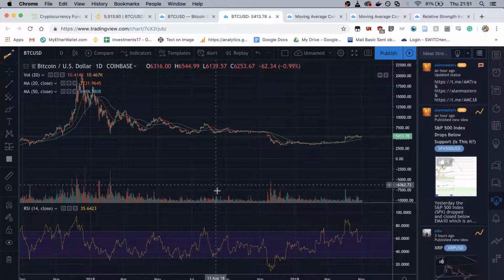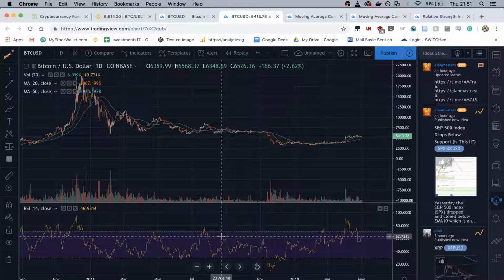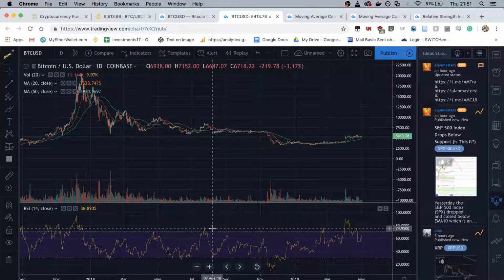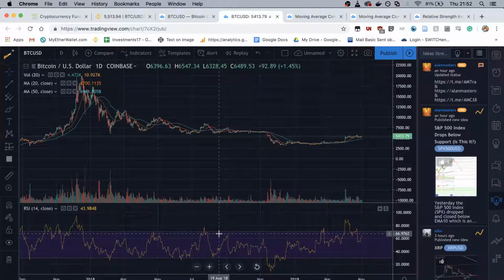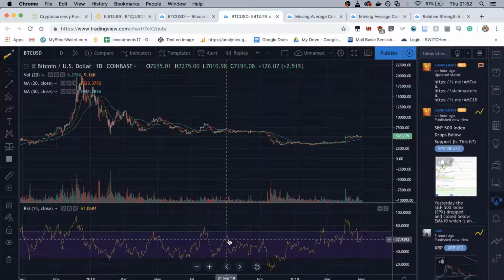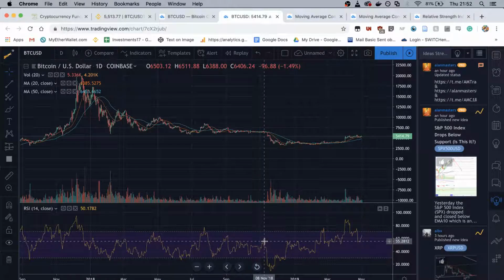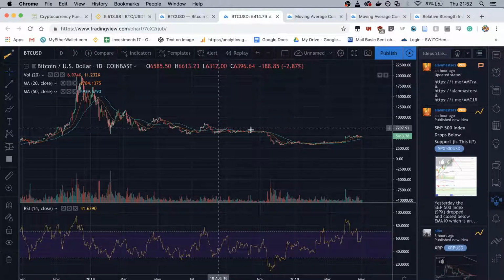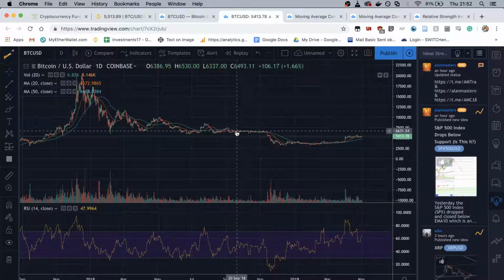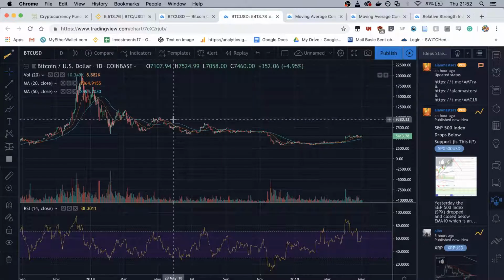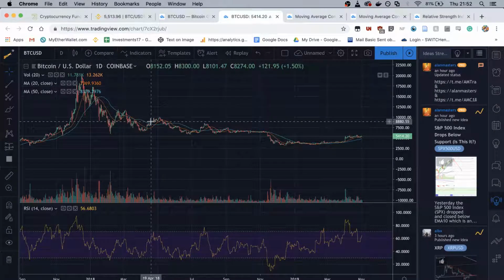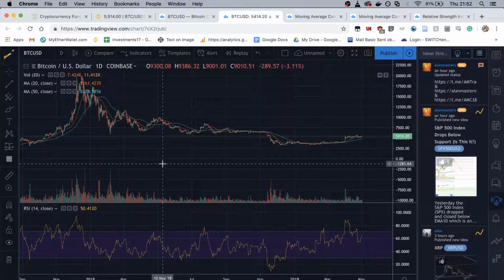One thing to notice is that you can have some hidden, so for example, you have a divergence where the peaks on the RSI do not represent the peaks on the chart. So for example, here you might have at some point, let's see a good example here. We don't really have a good example.